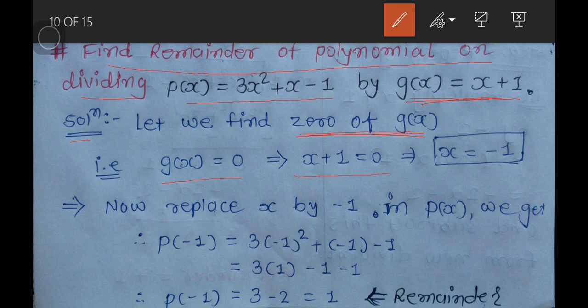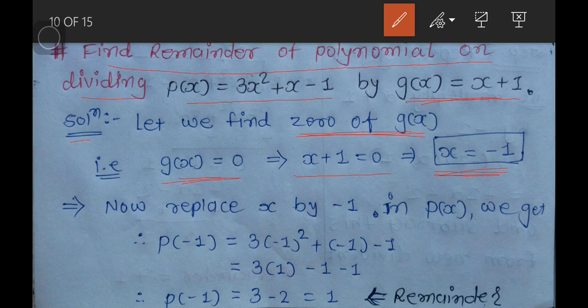Moving plus 1 to the right side, we get x is equal to minus 1, which is the zero of our polynomial g of x. What is the zero of a polynomial? It is the value of x that makes the polynomial equal to 0. So here x is equal to minus 1 is the zero of g of x.